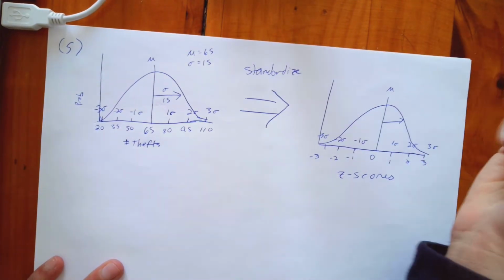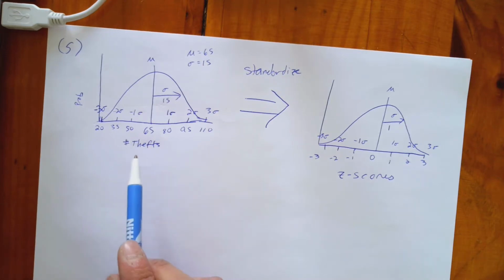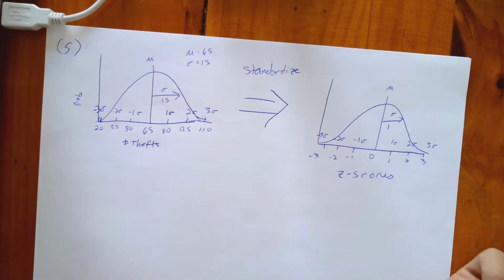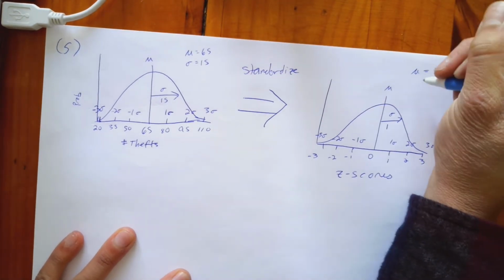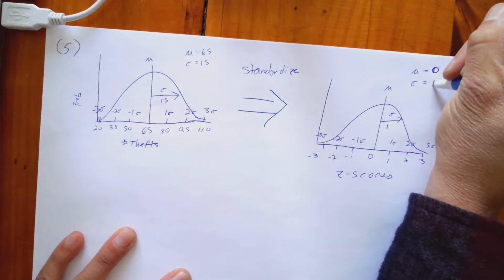We also know that our standard deviation for the whole normal distribution is 1, because 1 standard deviation is always going to be 1 standard deviation away from the mean. So we can write up here, our mean is 0, and our standard deviation is 1.